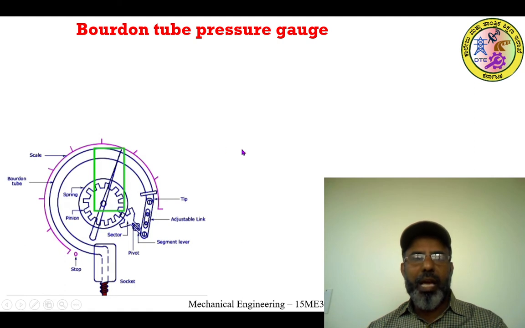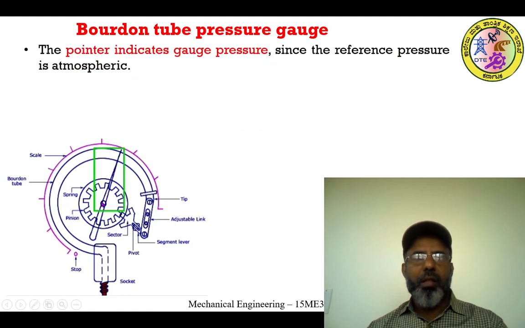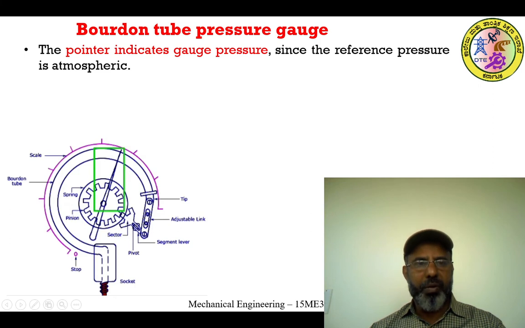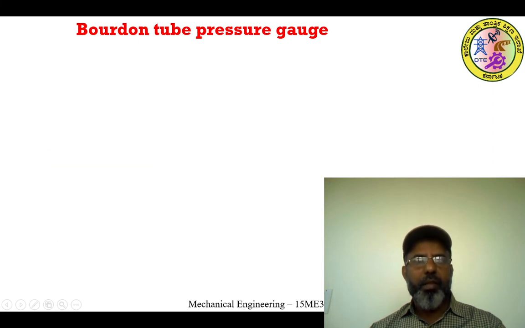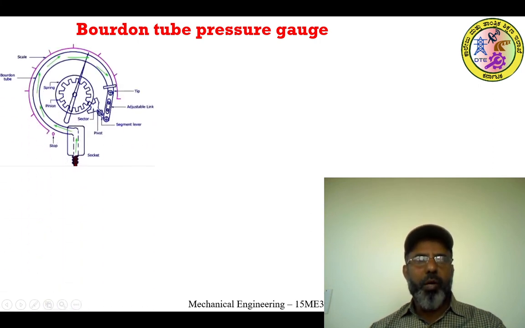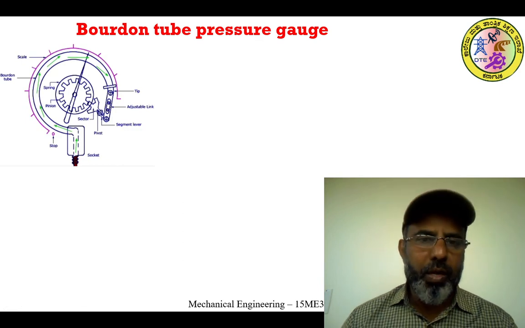This calibrated scale with the pointer indicates the gauge pressure. This is how the Bourdon tube pressure gauge works.